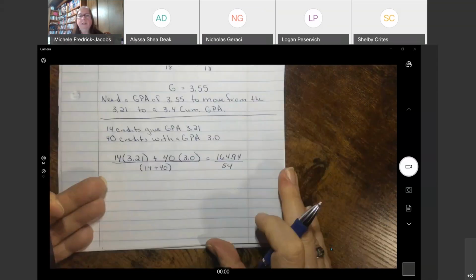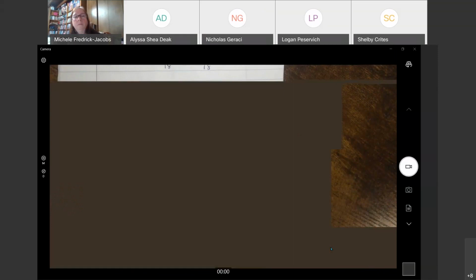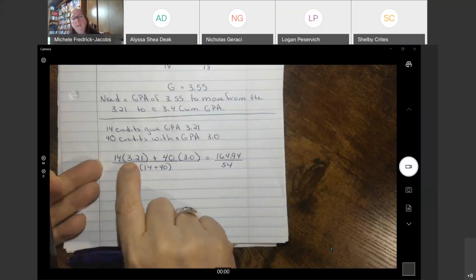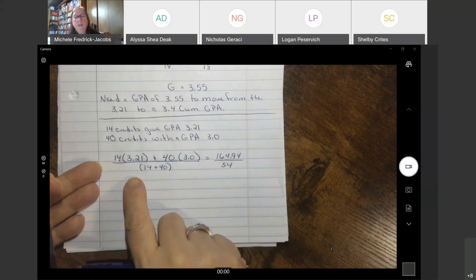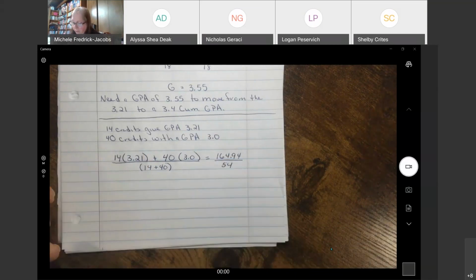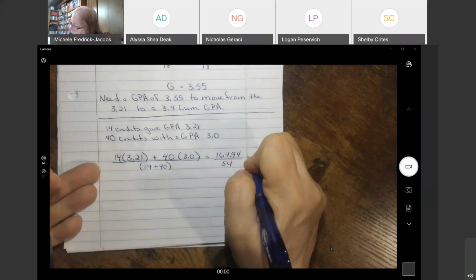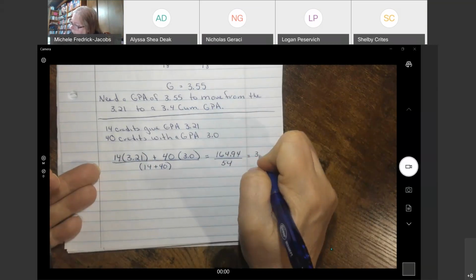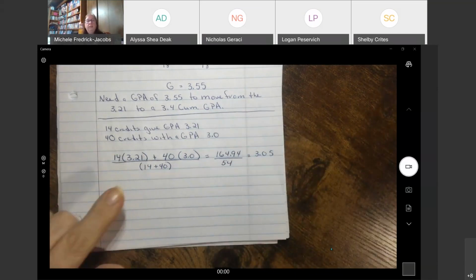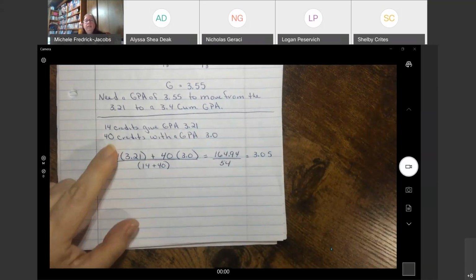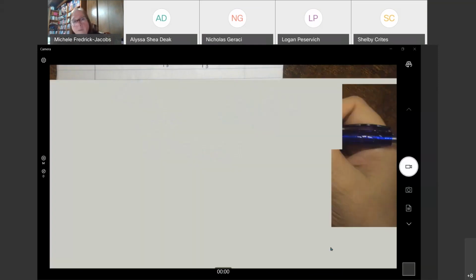I just calculated the top first. So if you multiply these two and add them together, you should get 164.94. And the bottom is 54. And then dividing them gives you a 3.05. So because these credits are so many, you have a 3.0 and you need to move it up.